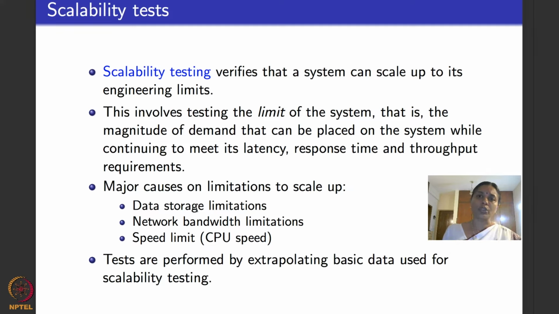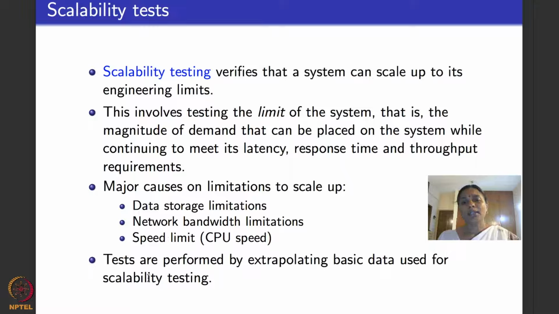Data storage is a huge problem, even for Google and things like that. The other big problem that could limit scalability is network bandwidth. It could be less, so it should switch over to non-GUI graphics, a plain HTML kind of thing. The next limiting factor could be the speed limit. By speed limit, I here mean the CPU speed, the processor speed.